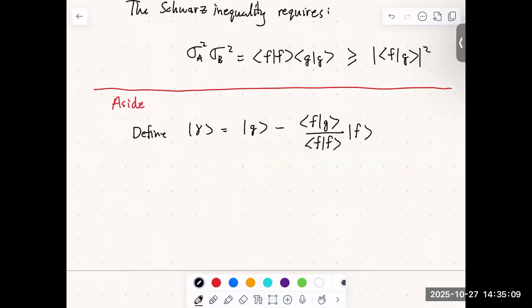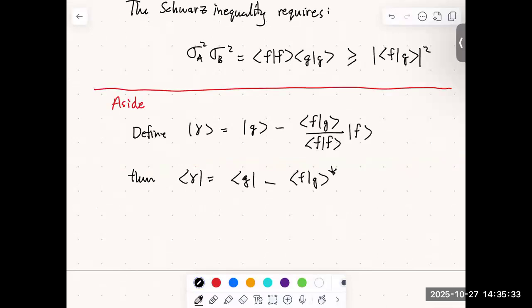So then, if I take the transpose and complex conjugate of gamma, I'm going to get the transpose and conjugate of g minus, let's see, it's going to be the conjugate of the inner product of f and g.